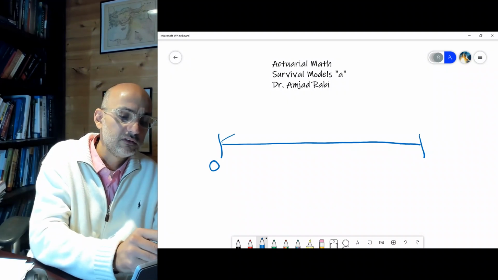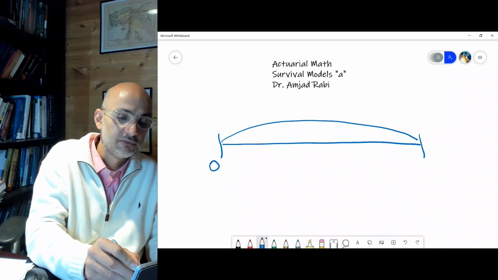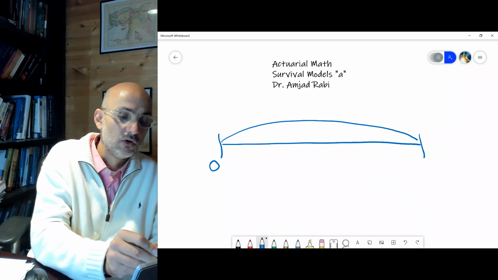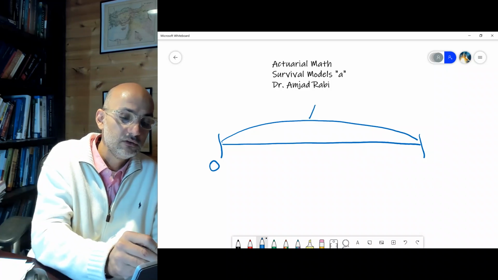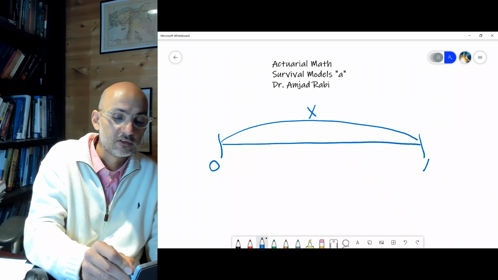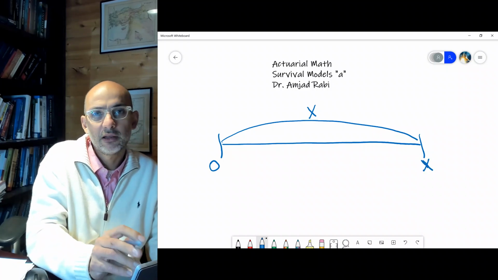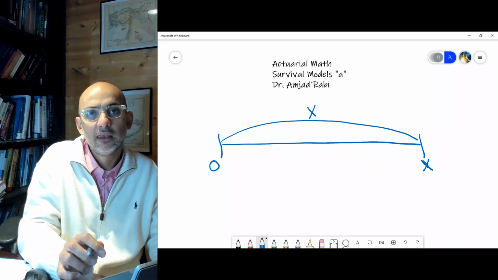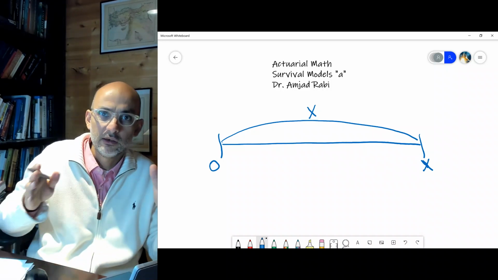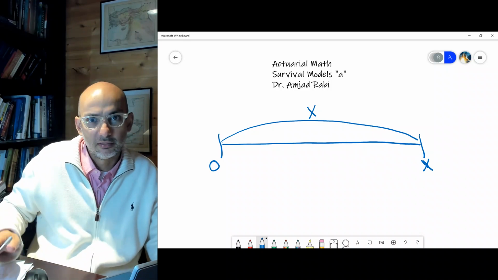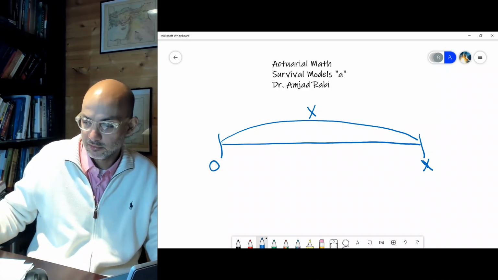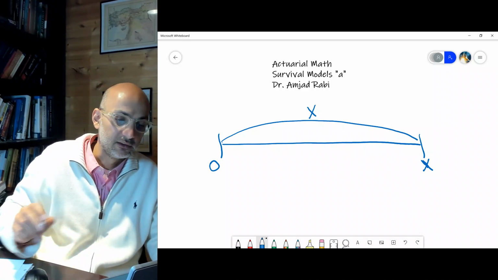So if this is the whole life, this is the time of death here, we'll use X. So this is the time of death, capital X. So X is the random variable that represents the whole life of an individual, the random variable for death occurring at a certain age. It's age at death, right?